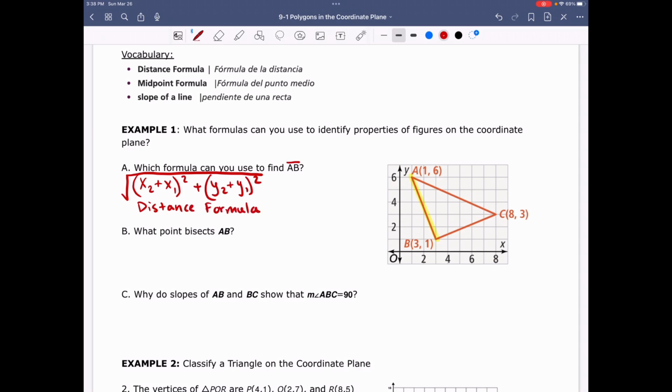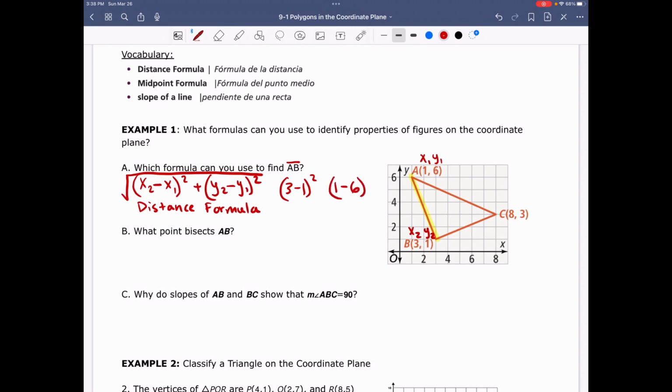So let's figure out what that distance would be. Oh, I'm sorry. We need to change this a little bit. It was minus, not plus. The distance formula is we're subtracting. So I have x1, y1, x2, y2. So x2 is 3, so 3 minus 1 squared. And y2 is 1, y1 is 6.